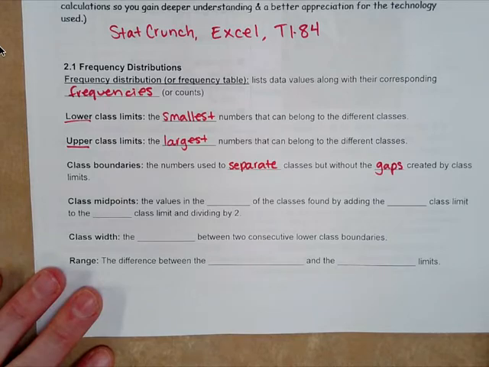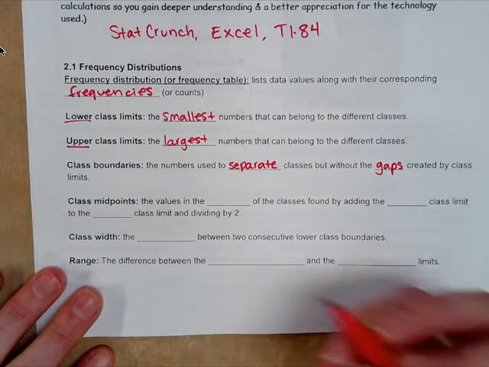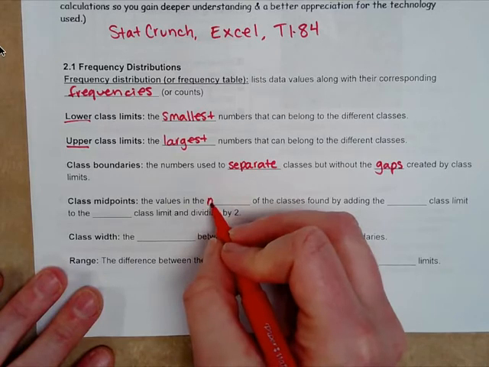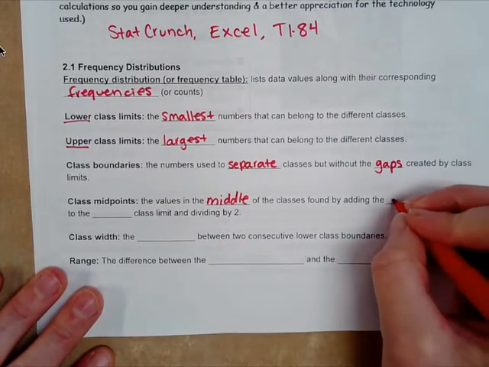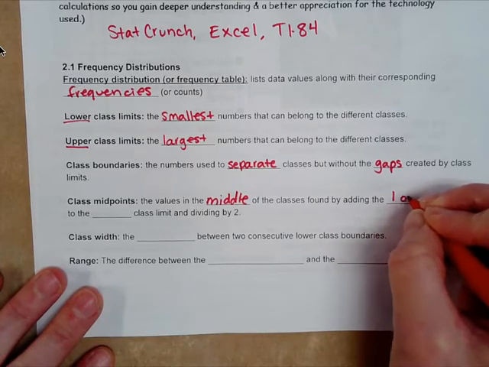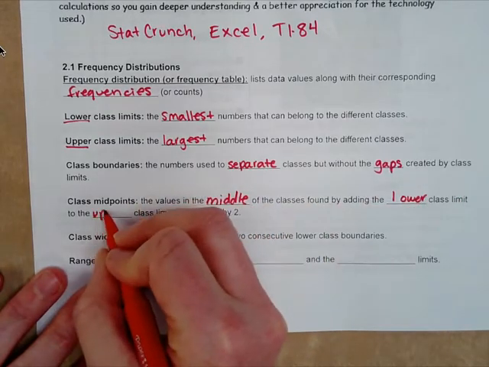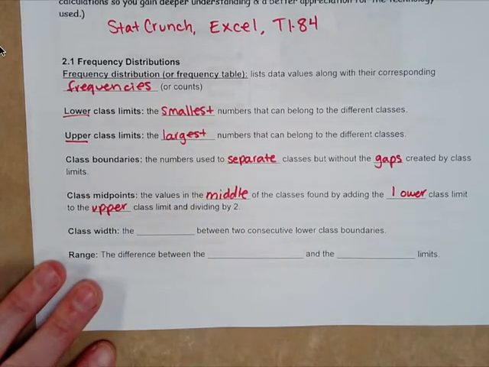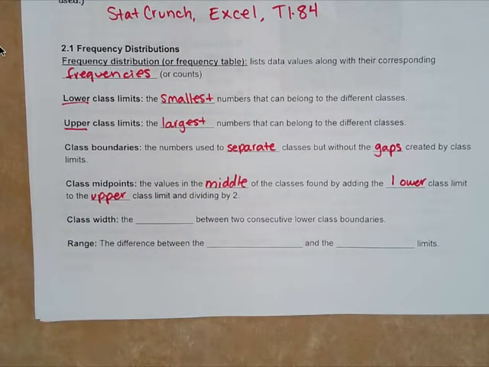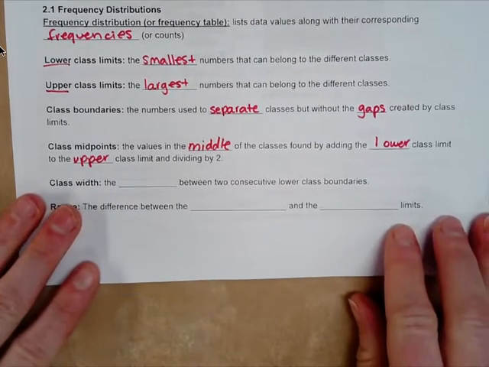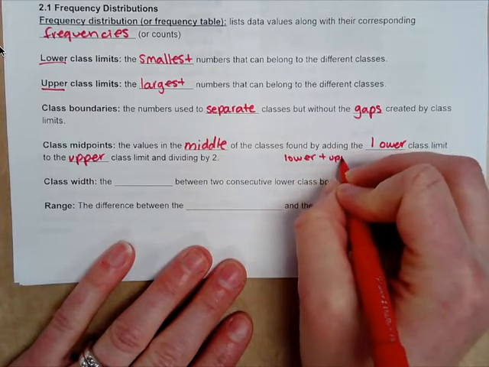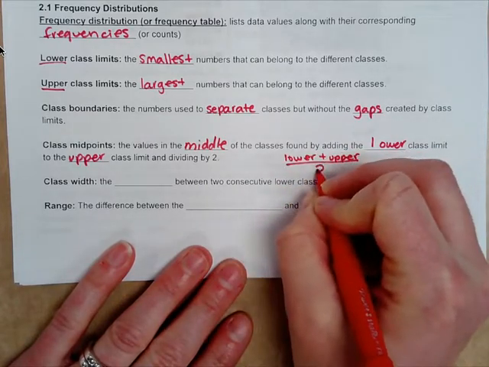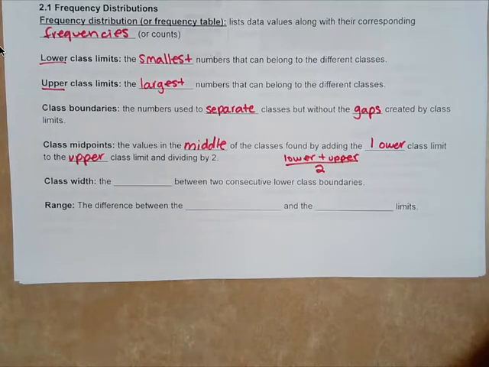Then we have the midpoint, class midpoints. Midpoint, the middle. So the values in the middle of the classes found by adding the lower class limit to the upper class limit and dividing by 2. So you can find your midpoint for that class. So you'll have the lower plus the upper, and then divide by 2 to find your class midpoints.